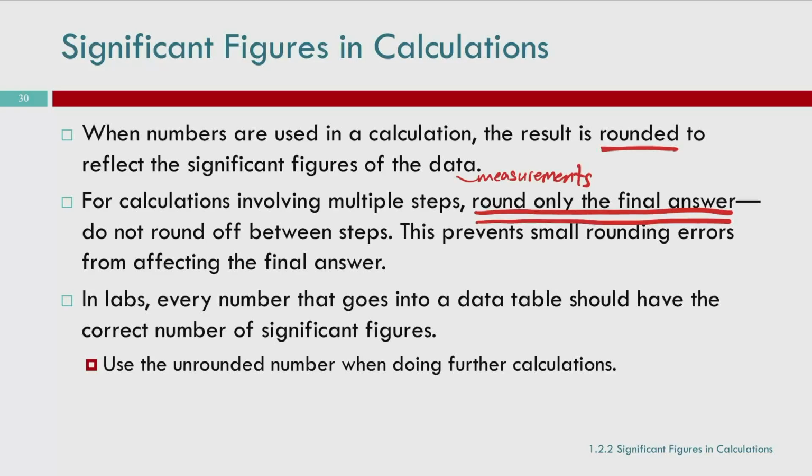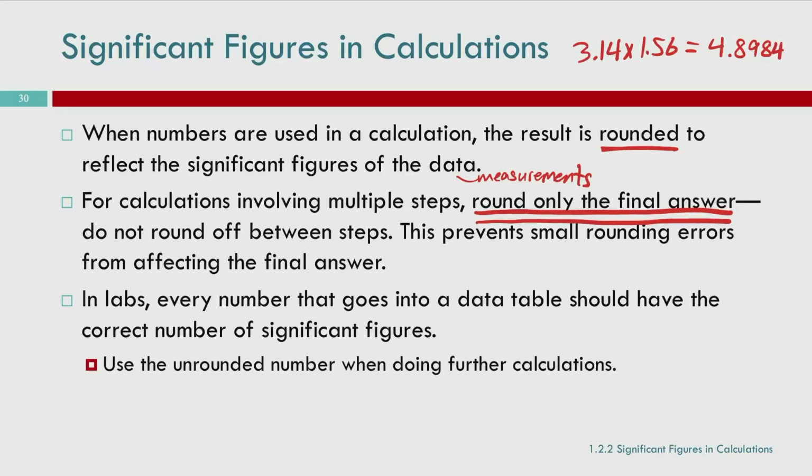The reason that we round only the final answer is if you do a calculation like 3.14 times 1.56, if you plug that into your calculator, it'll give you a number out. In this case, that number that the calculator gives us, 4.8984.